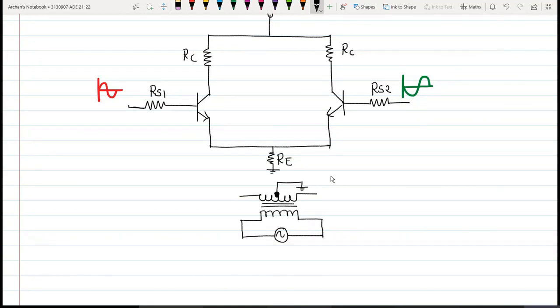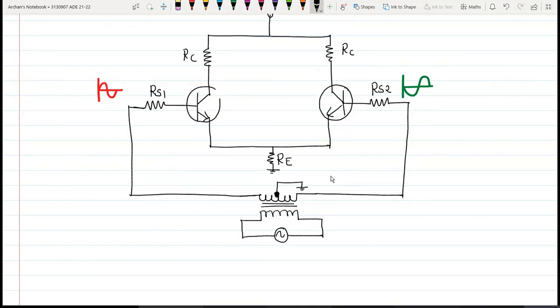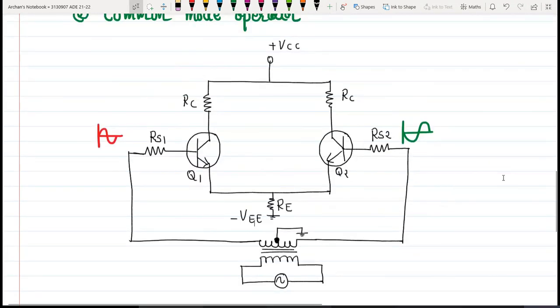One end of the secondary is connected to input 1 and another end of the secondary is connected to input 2. Now whatever input voltage will be available, that will be 180 degrees out of phase for these two transistors, transistor Q1 and transistor Q2. Let us say this is my Q1, this one is Q2, and here we are providing negative VEE voltage. So this is our circuit diagram for differential mode operation.